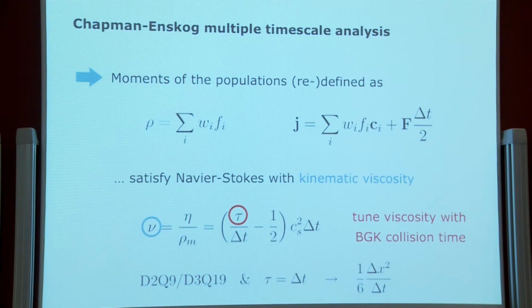And this afternoon, you will use a code with parameters that are using both the D2Q9 or D3Q19 lattice and this particular choice of collision time. And this corresponds to a kinematic viscosity of 1/6 in lattice units. But again, you can play with this relaxation time to tune the viscosity to model a particular fluid.